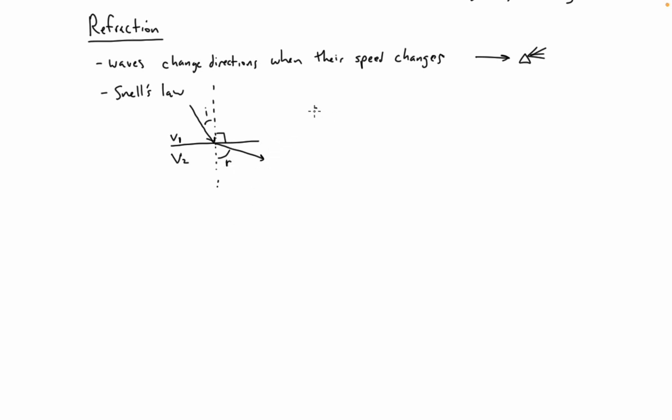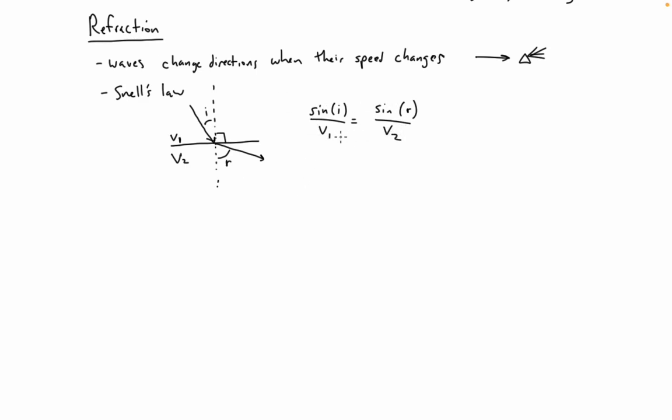And the relationship is that the sine of I divided by the velocity 1 is equal to the sine of the angle R divided by the velocity in the second medium.